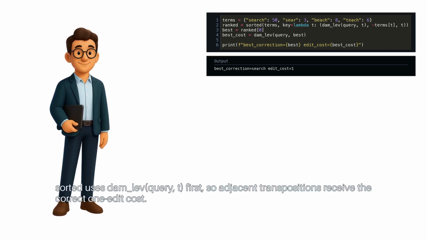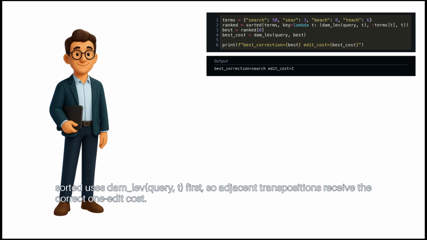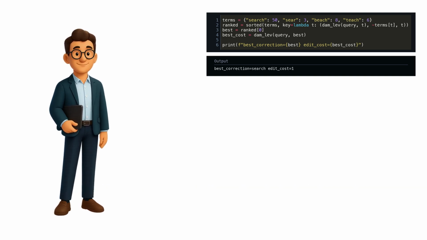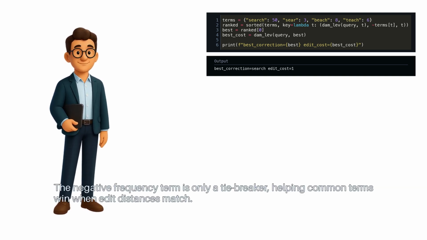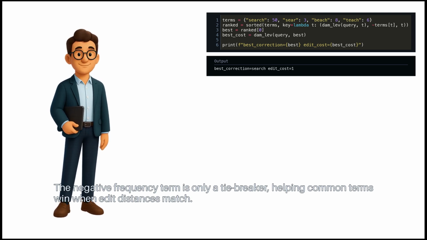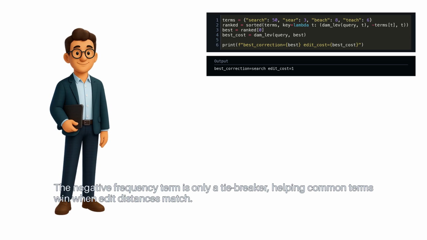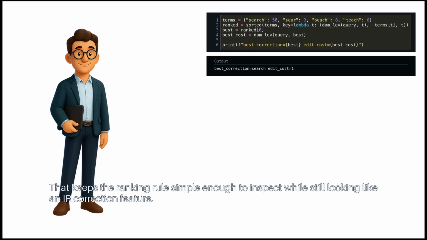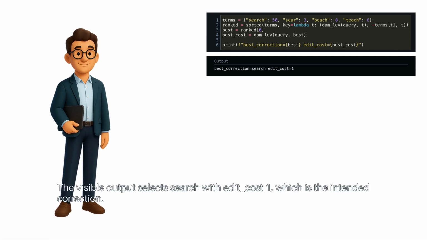Sorted uses dam-lev, query, t, first, so adjacent transpositions receive the correct one edit cost. The negative frequency term is only a tiebreaker, helping common terms win when edit distances match. That keeps the ranking rule simple enough to inspect, while still looking like an IR correction feature. The visible output selects search with edit cost 1, which is the intended correction.